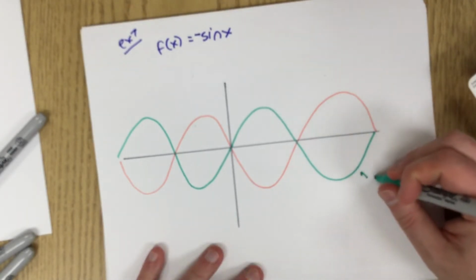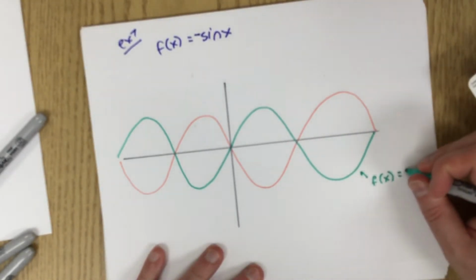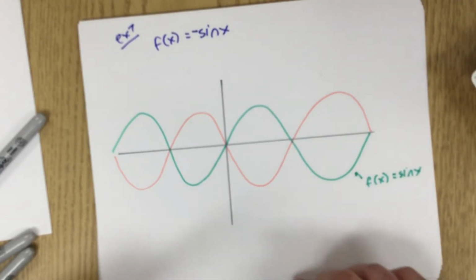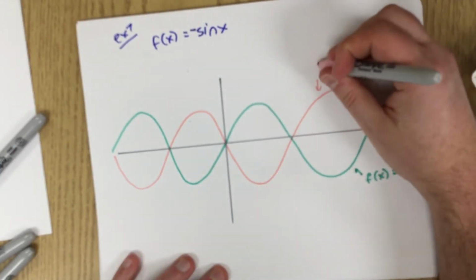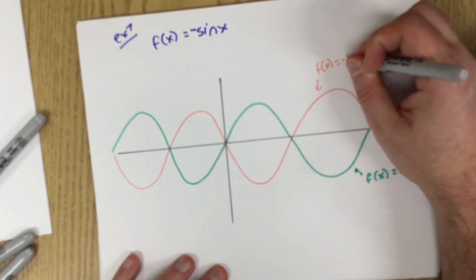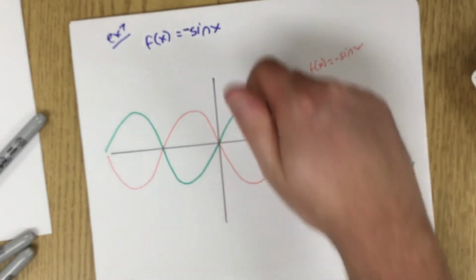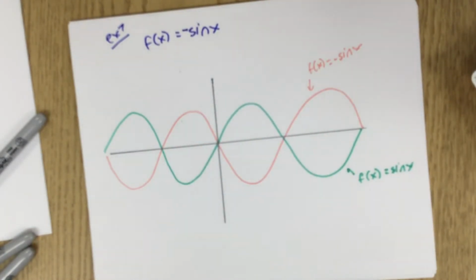Right? So this over here was our original sine of x graph, and this over here is our negative sine of x. So negative sine of x starts in the middle, but instead of going up, it goes down.